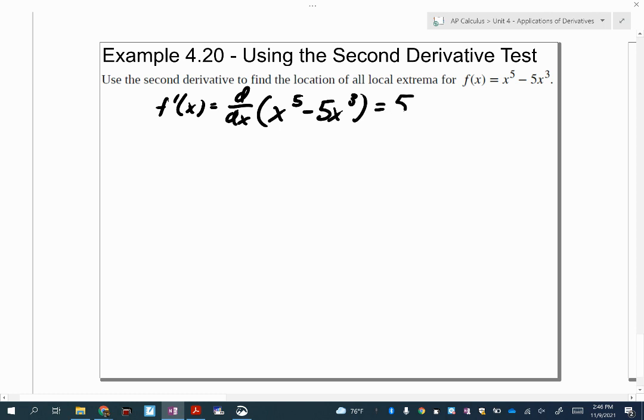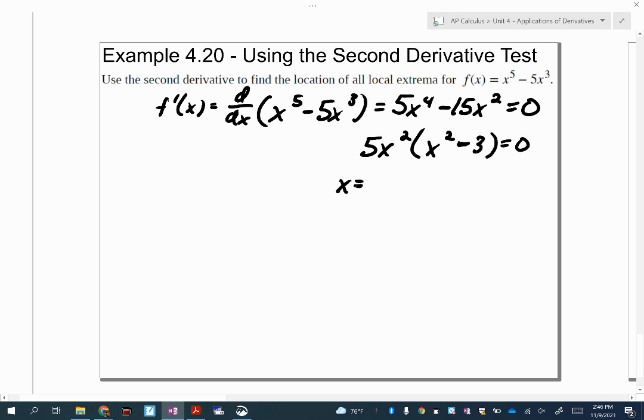That's going to be 5x to the fourth power minus 15x squared. We want to find values of x that make this undefined or equal to 0. This is a polynomial, so there are no undefined values, but I can figure out what makes it equal to 0. If I factor out 5x squared, I'm left with x squared minus 3.